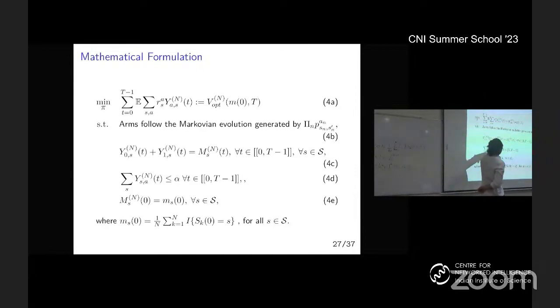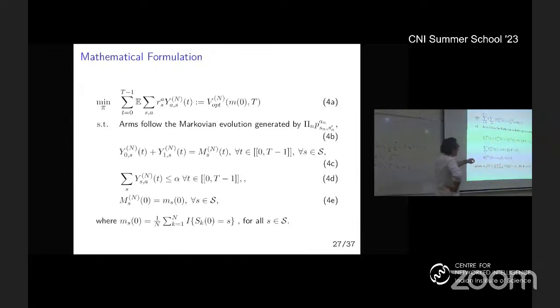I'm looking at the fraction of arms that are in S, and I'm saying some of them I will play 0, some of them I will play 1. So this equality is coming from there. This is the budget equality, the one that we have seen before.